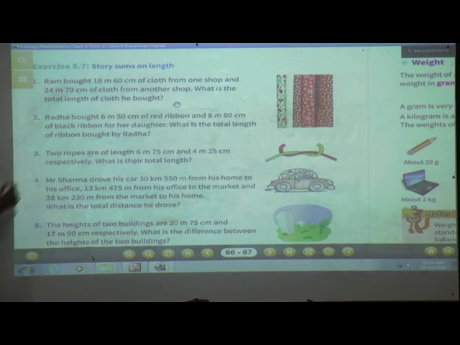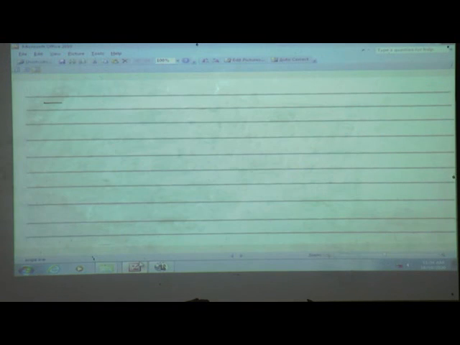The word total represents that we have to do addition. The length of the first cloth is 18 meter and 60 centimeter and the length of the other cloth is 24 meter and 70 centimeter, and we have to find the total length, which means we have to do the addition. So let us do the addition.